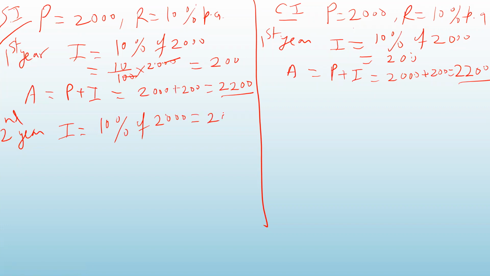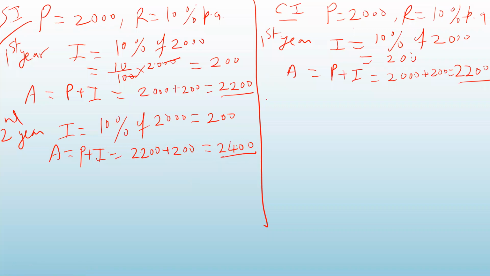That is same as 200. So what will be the amount after 2 years? After the end of first year, 2200. So in this amount, the interest of the second year, that is 200, will be added and you will get 2400. So at the end of second year, the amount what you will get is 2400.